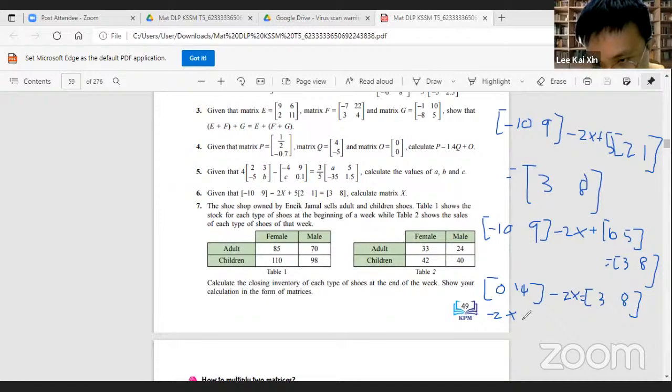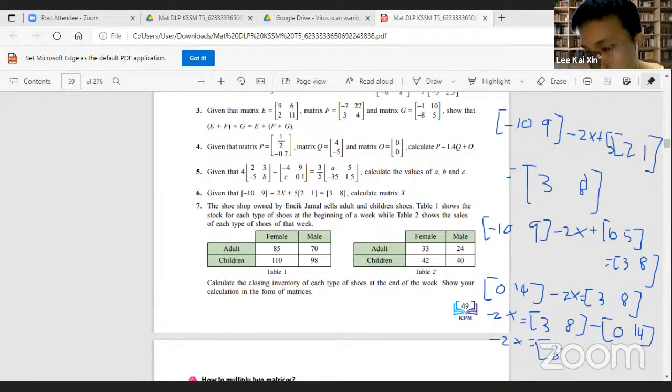Negative 2x equals 3, 8, minus 0, 14. So 3 minus 0 is 3. 8 minus 14 is negative 6.